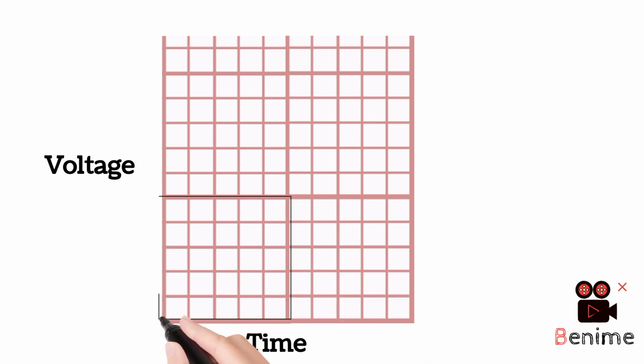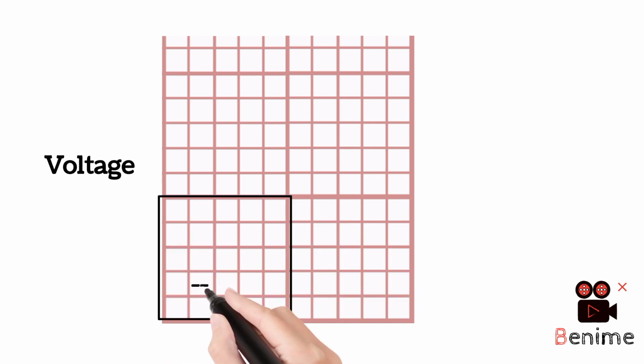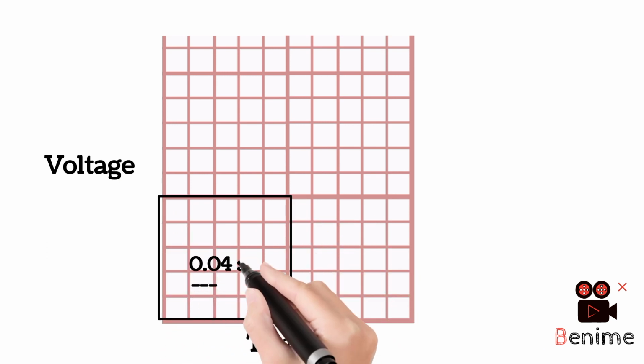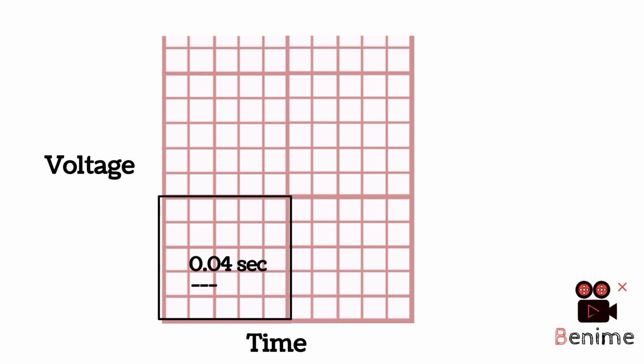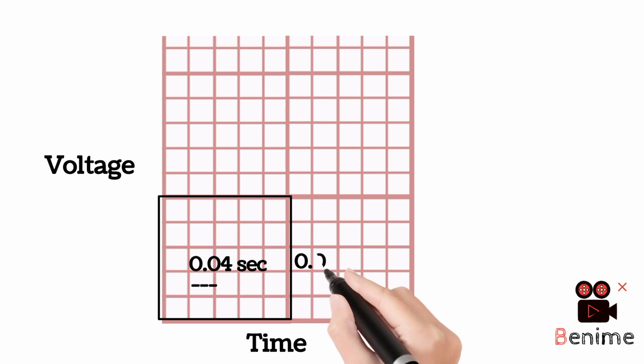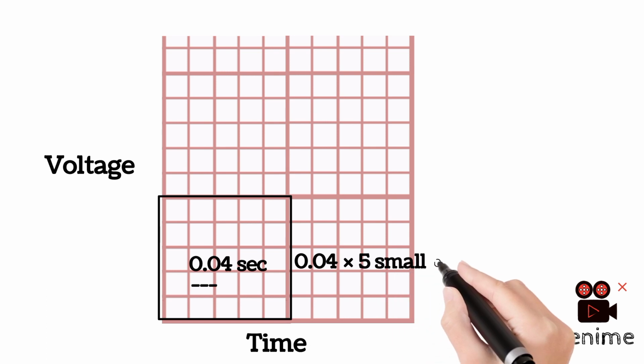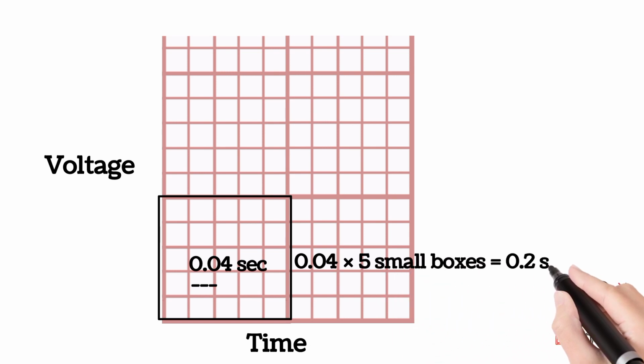Every big box contains 5 small boxes, of which one small box is equal to 0.04 seconds. As one big box contains 5 small boxes, and one small box is 0.04 seconds, we can simply multiply 0.04 seconds with the 5 boxes. We get 0.2 seconds.